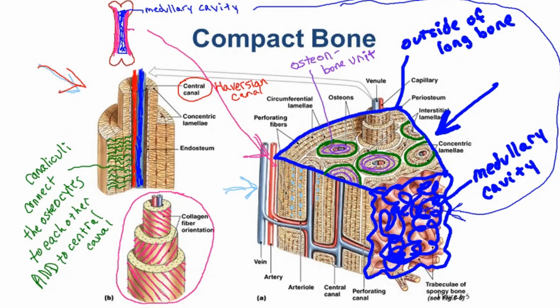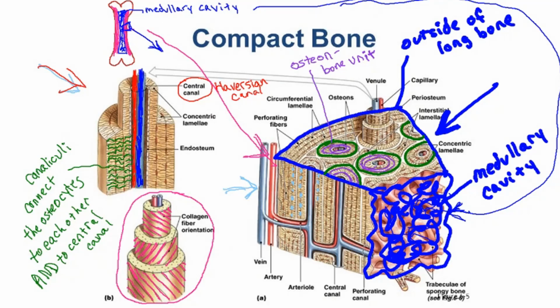This little goopy looking weird matrix stuff. This is the very inside cavity of a long bone. So if you notice, what we're doing is we're cutting out a triangle, a little wedge shape, out of this long bone that I drew, and that's what this diagram is, all blown up.